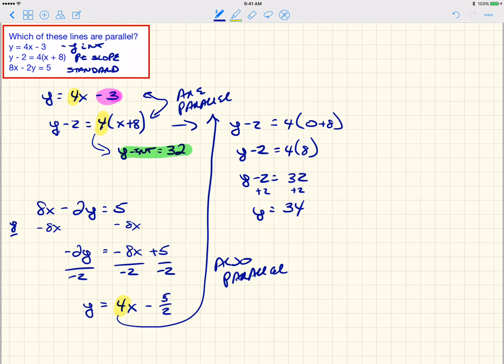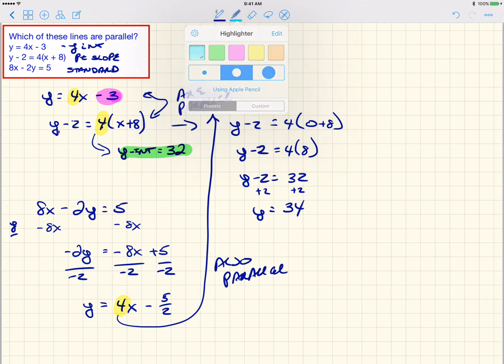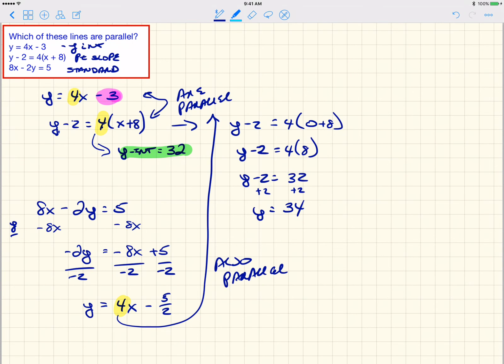To take it a step further, are these three lines the same line, or are they different lines? Well, the y-intercept of this line is at -5/2. So we have three different lines that are parallel. The first line had a y-intercept of -3. The second line, which was in point slope form, has a y-intercept of 34.